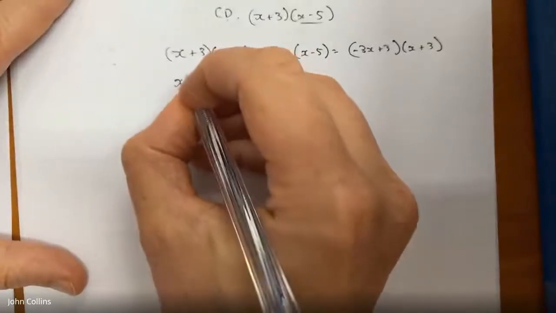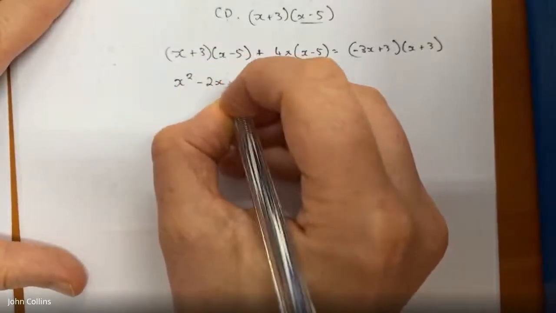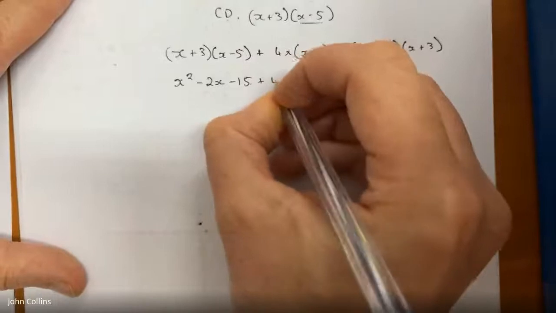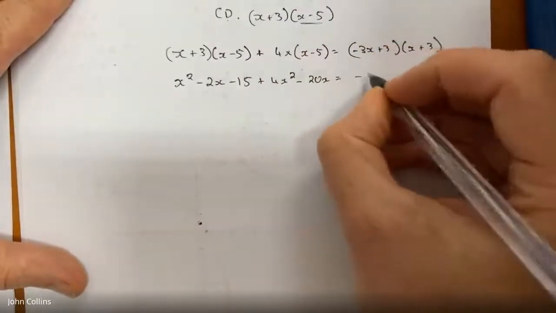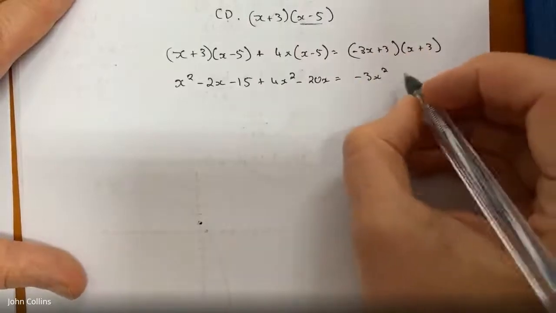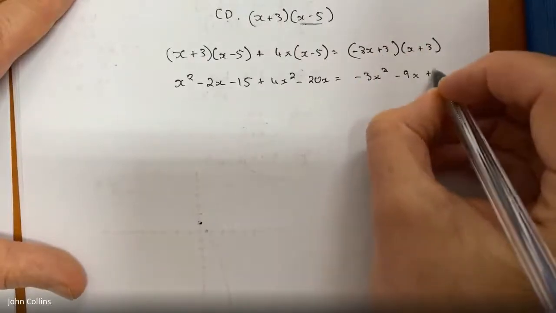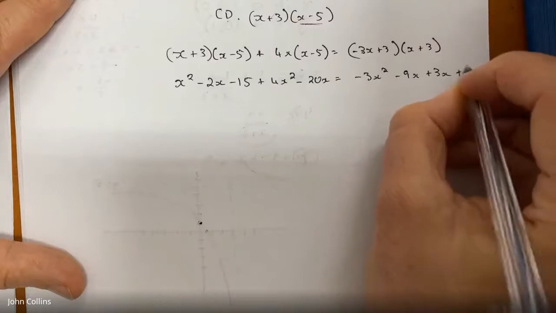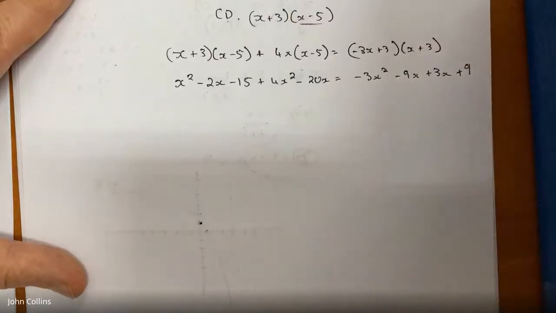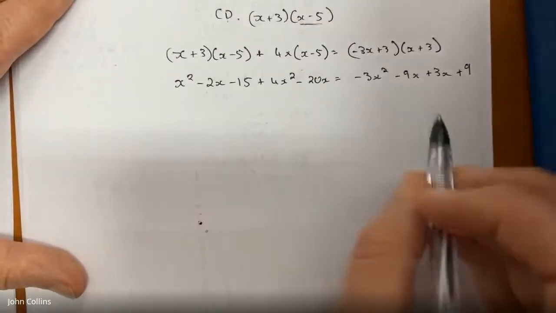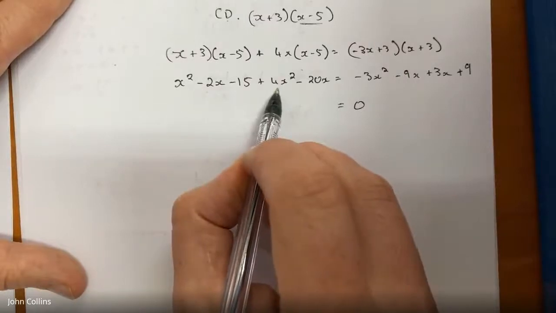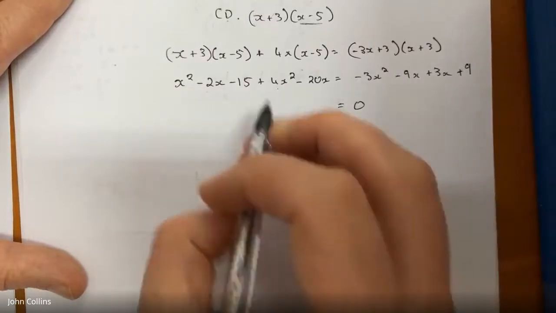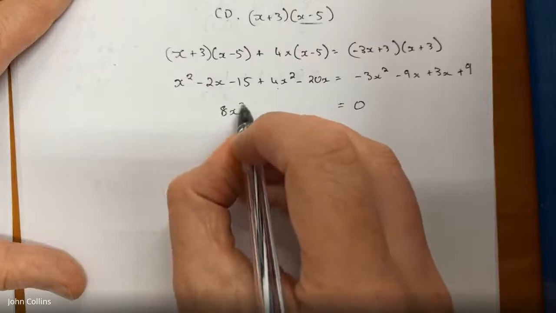All right, so we got x squared minus 2x minus 15 plus 4x squared minus 20x is equal to minus 3x squared minus 9x plus 3x plus 9, I think. I'm going to collect all like terms over on the left-hand side and let it equal 0. x squared plus 4x squared is 5x squared, and another 3 is 8x squared.